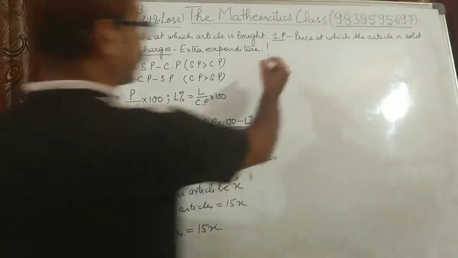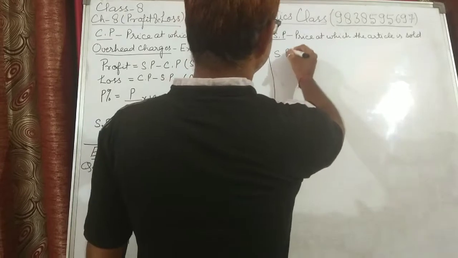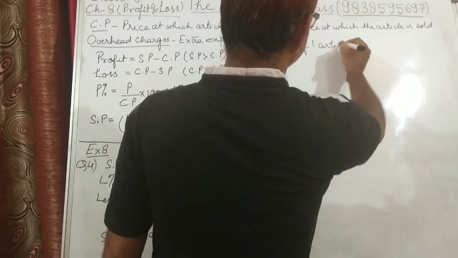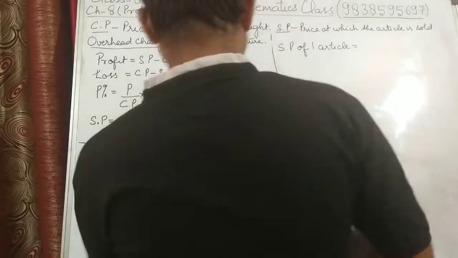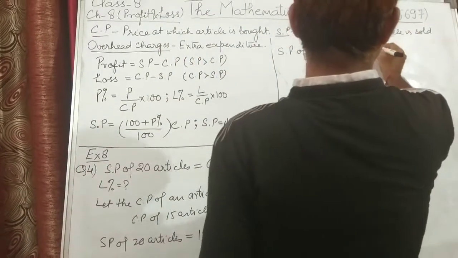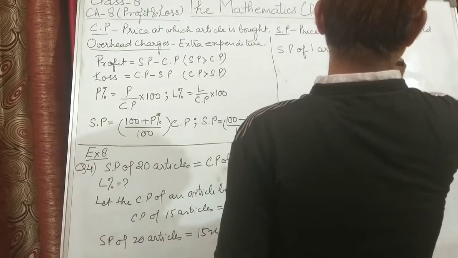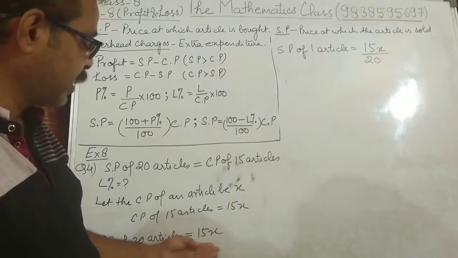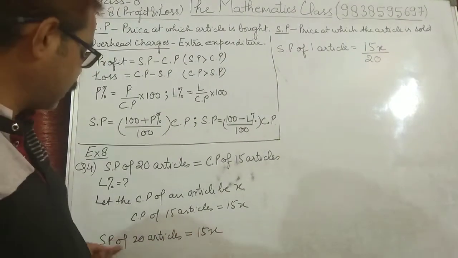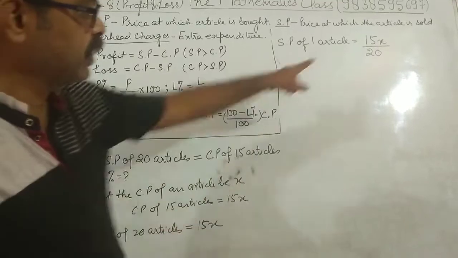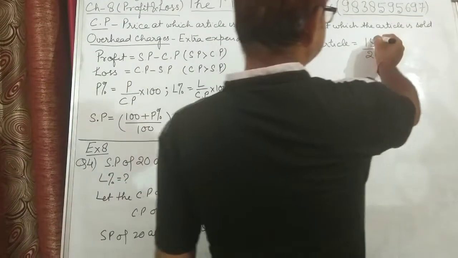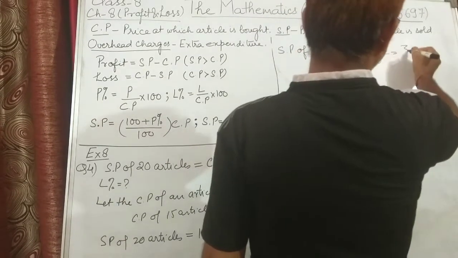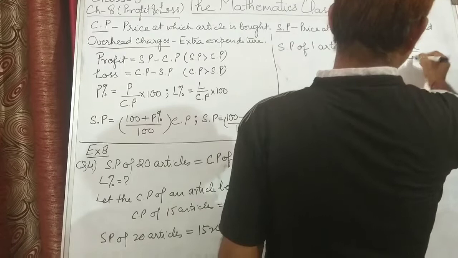So from this you can calculate selling price of one article. How you will calculate? The total 15x divided by 20, because you know unitary method, if selling price of 20 articles is 15x, so selling price of one article will be 15x upon 20. Now 5 3s are 15, 5 4s are 20, it is 3x upon 4.